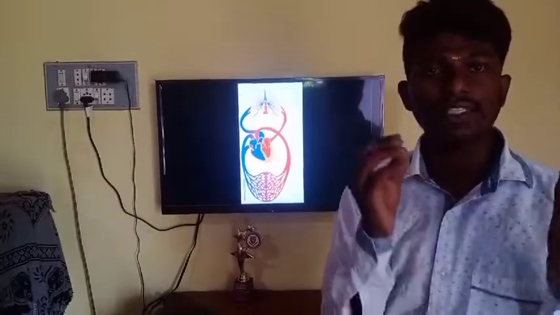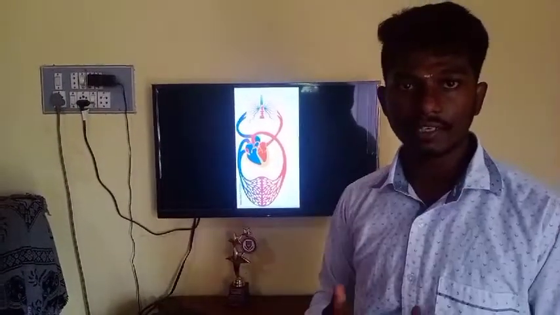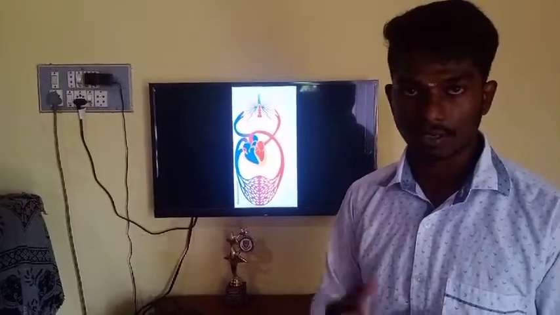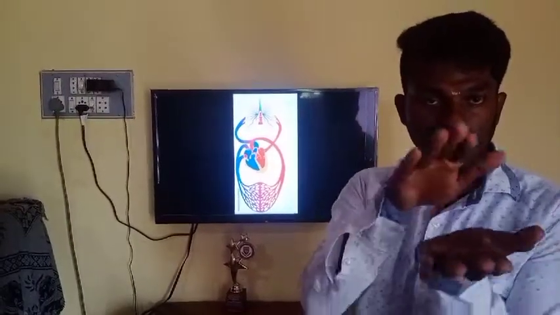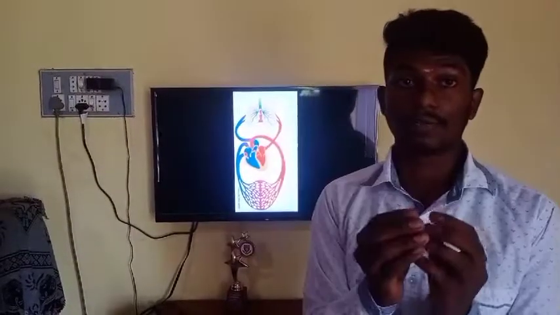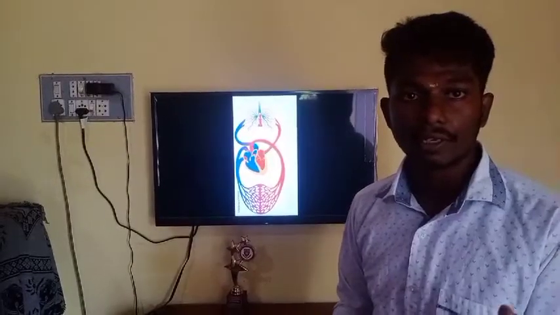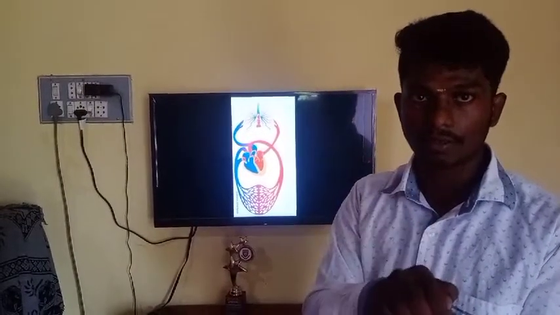The alveoli sacs have the oxygen which we inhale during the respiration process. That oxygen is placed in the alveoli, and the blood takes that oxygen in the protein called hemoglobin. The hemoglobin carries that oxygen.